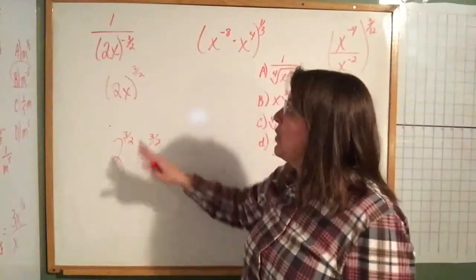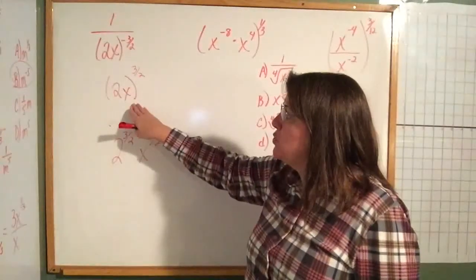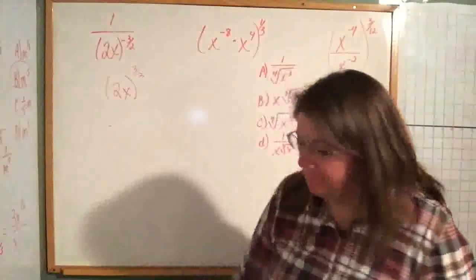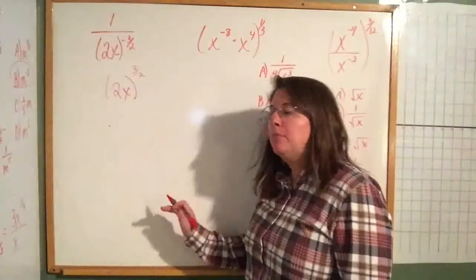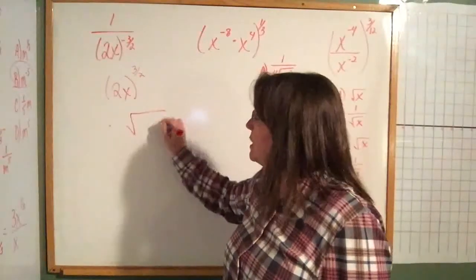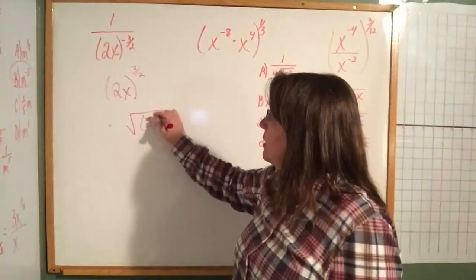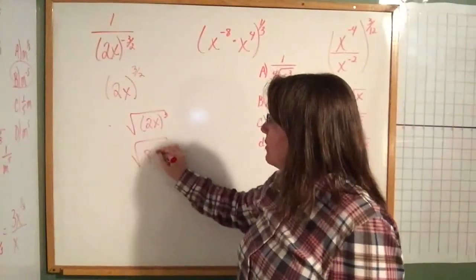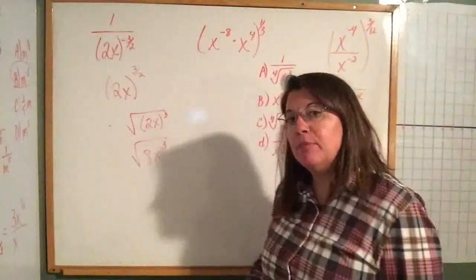I would guess, though, that they want you to express that answer probably as a radical. So they probably want you to express that as the square root of 2x cubed, which is the square root of 8x cubed. And then you could simplify that.